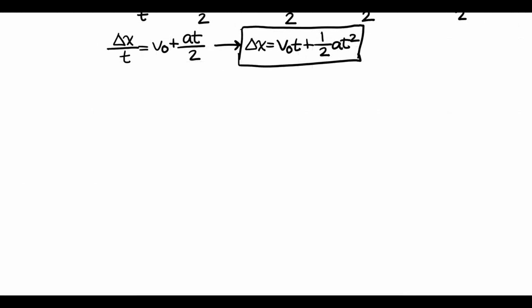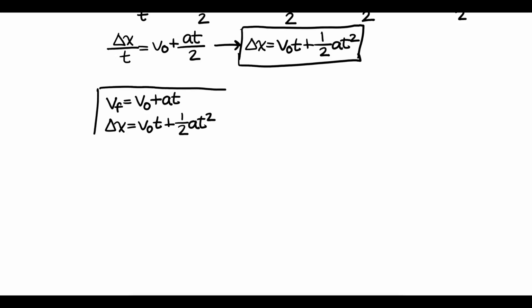So just to recap, our two main equations are Vf equals v naught plus at, and delta x equals v naught t plus 1/2 at squared. And you might have heard of some other ones.